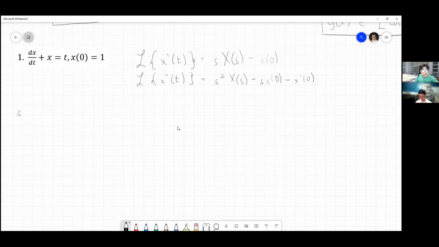So, s times capital X of s minus x of 0. And then yung x natin dito, ang Laplace transform lang niya ay i-represent natin by capital X of s. And then yung t natin, pupunta tayo dun sa table ng Laplace transforms. So, t, hanapin nyo lang siya dito.